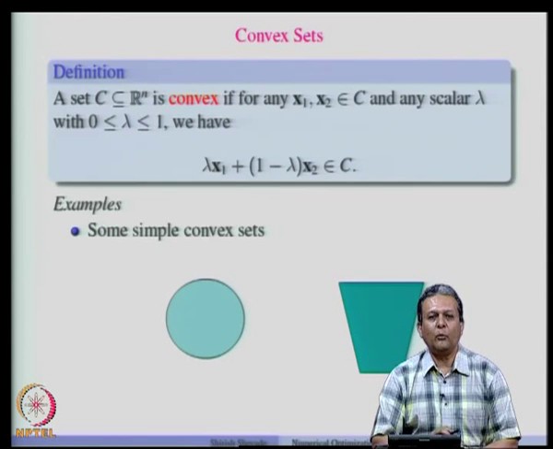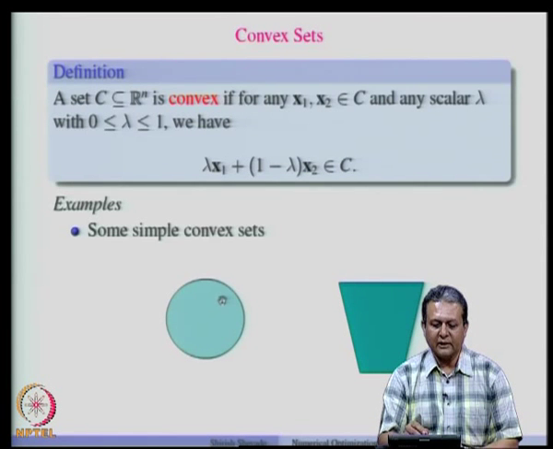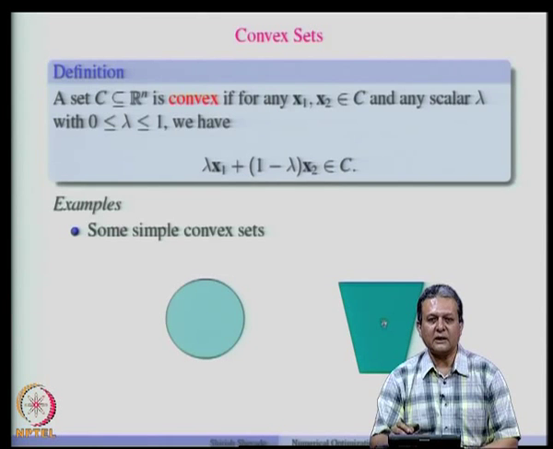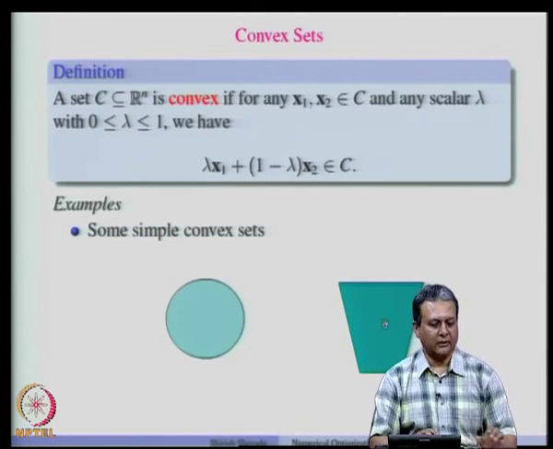Every point should see any other point of the set directly through a straight line path. So, if you take any 2 points here and take a line segment joining those 2 points, that lies entirely within that set. Similarly, one can say that this is a convex set.